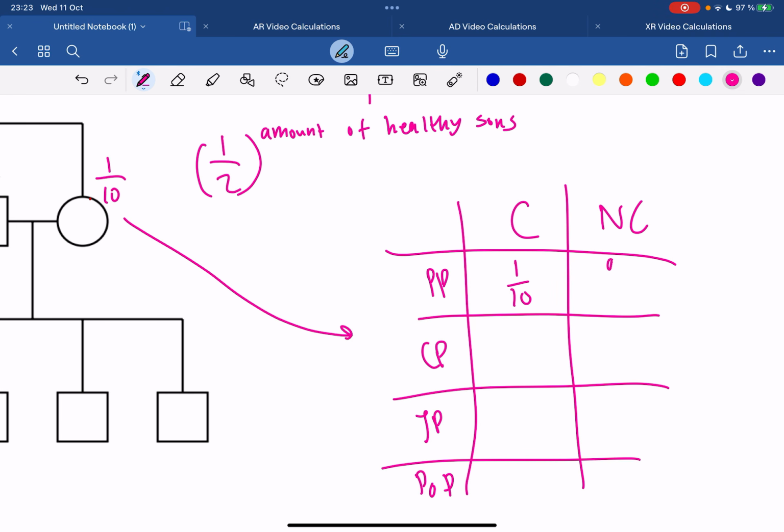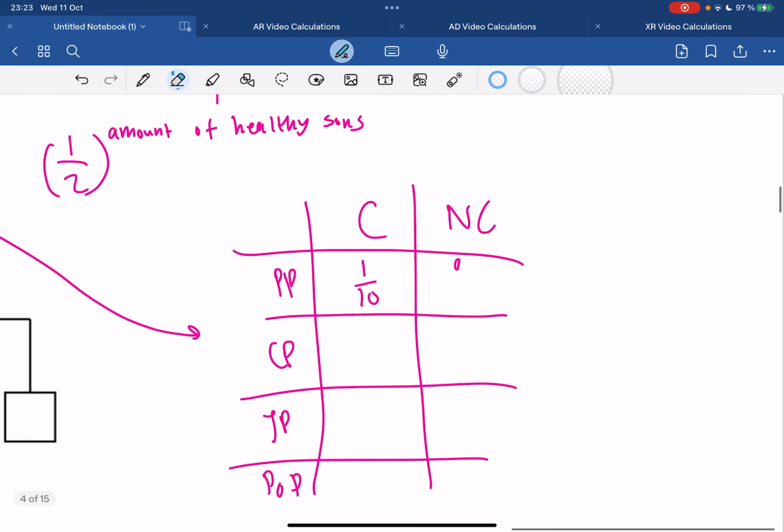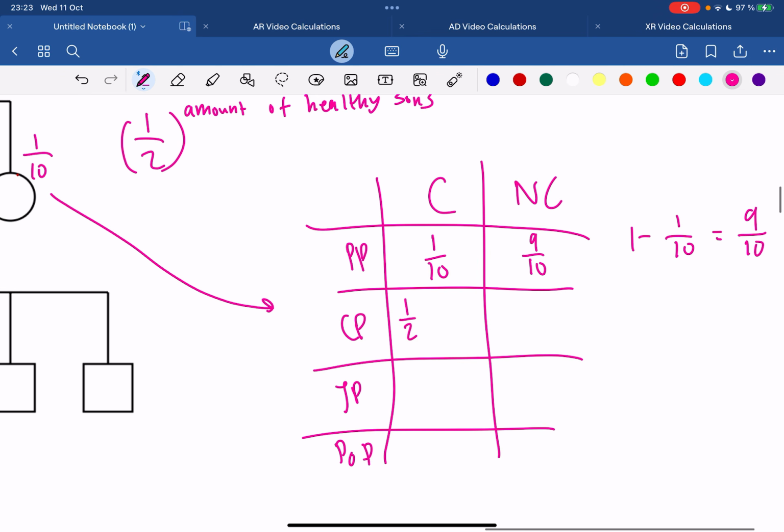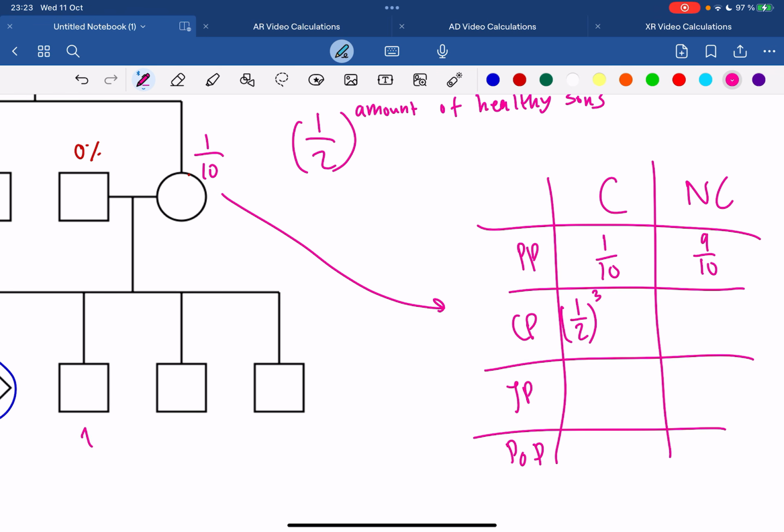One-tenth. And then here it's 1 minus 1/10, which is equal to 9/10. So 9/10. And then for conditional probability, it's 1/2 by the power of the amount of healthy sons, and she has 3 healthy sons, so that would be equal to 1/8.